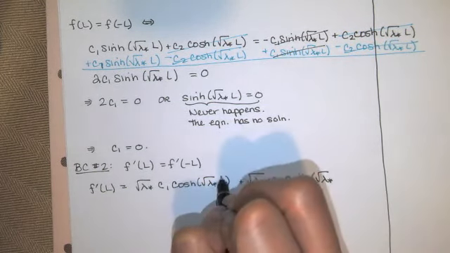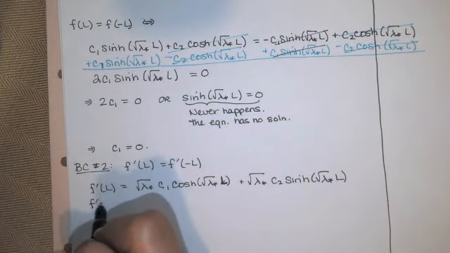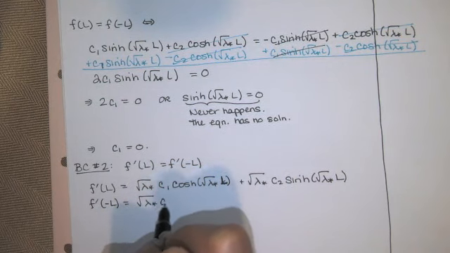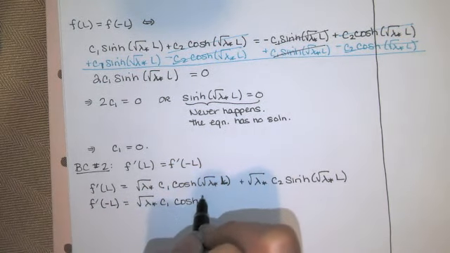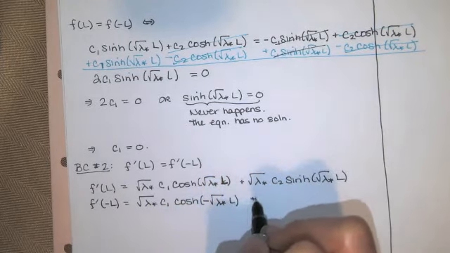Oops, I'm replacing x with L. And then f prime of negative L is going to look the same, but rather than substituting x equals L, I'll substitute in x equals negative L.